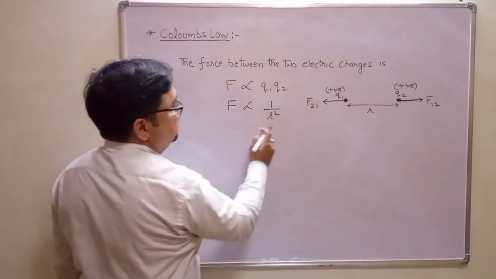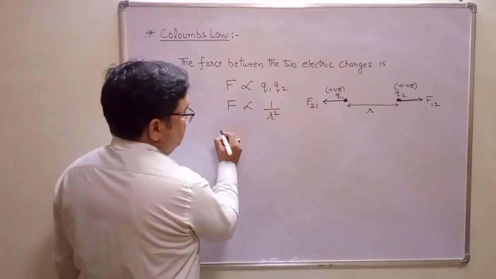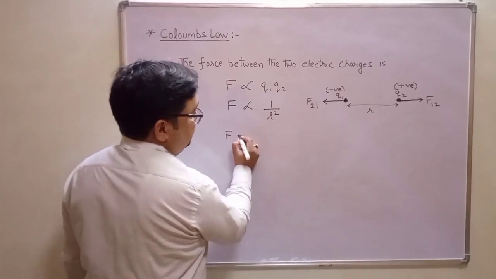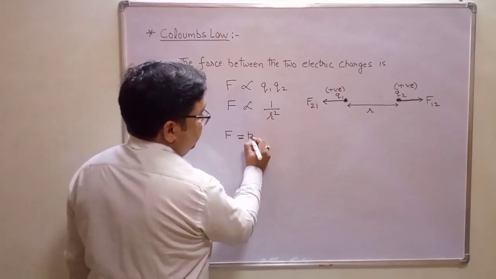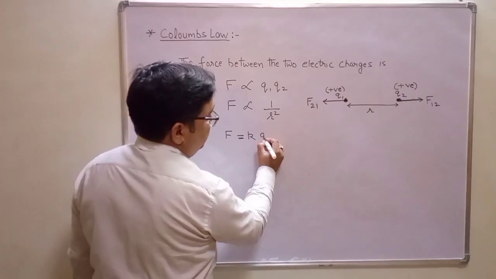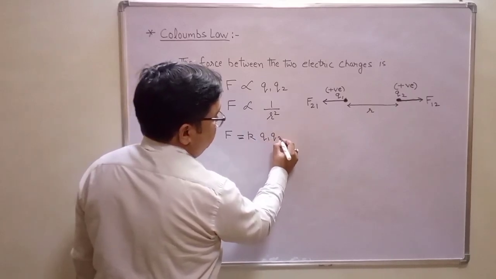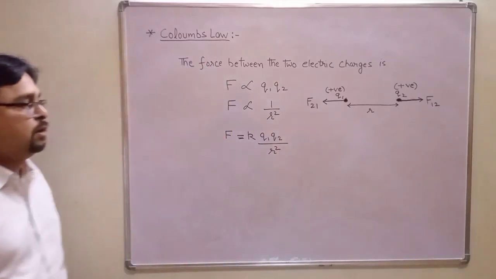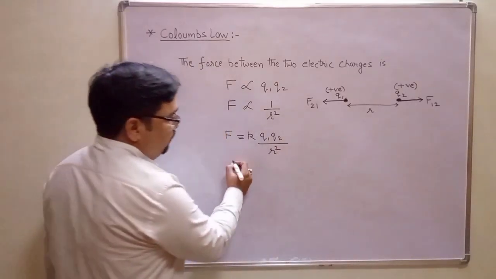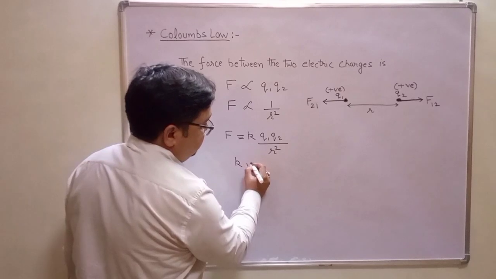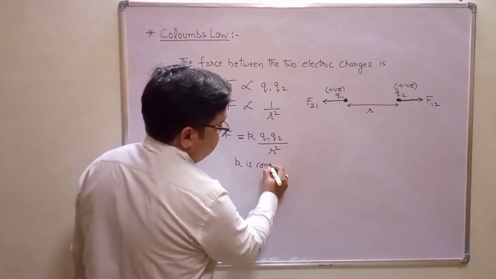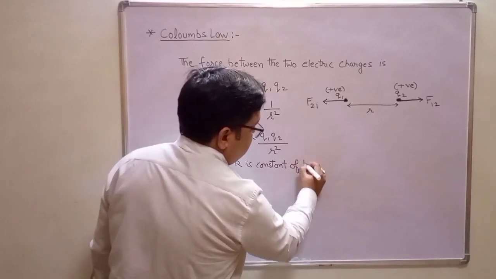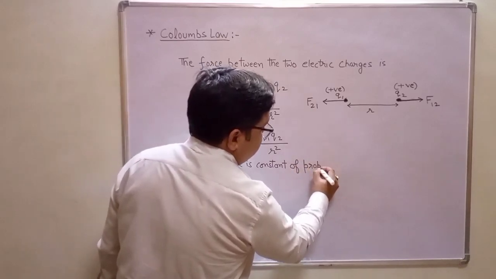So if you combine these two relations, we will get F is equal to K times Q1 multiplied by Q2 divided by r square, where K is the constant of proportionality.